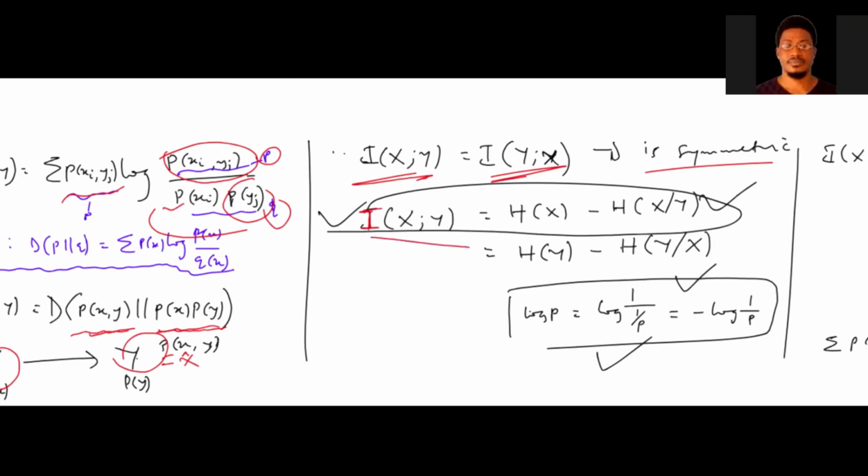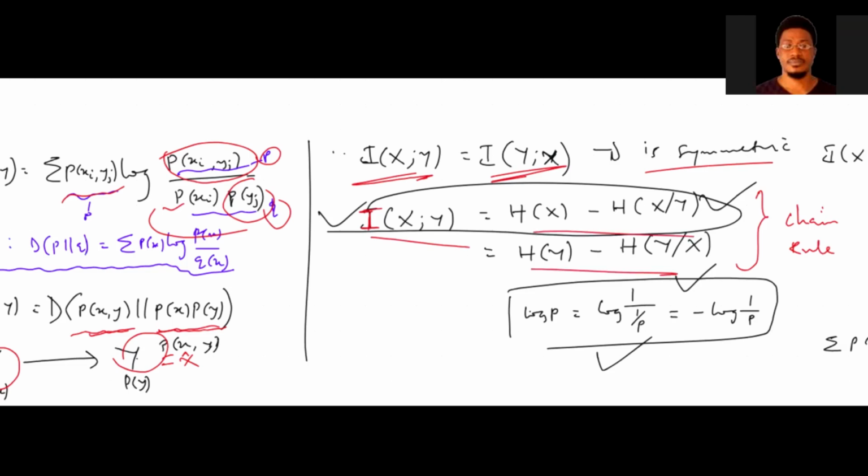And then we can also express the mutual information by the chain rule: H of X minus H of X given Y. It is also the same as H of Y minus H of Y given that X has occurred.